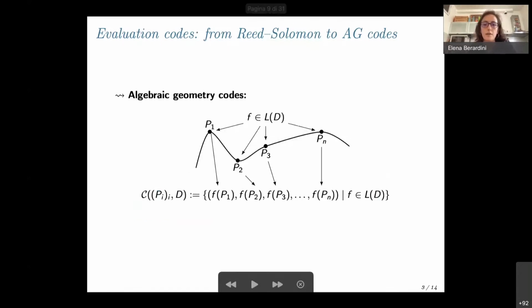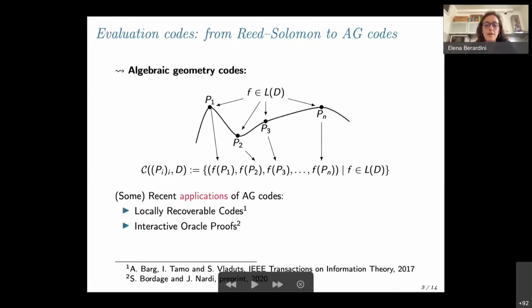So here is the picture, and those codes also have a lot of applications, and some recent ones are in the clouds, where we use locally recoverable codes, and also in the IOP, which is some blockchain technologies.